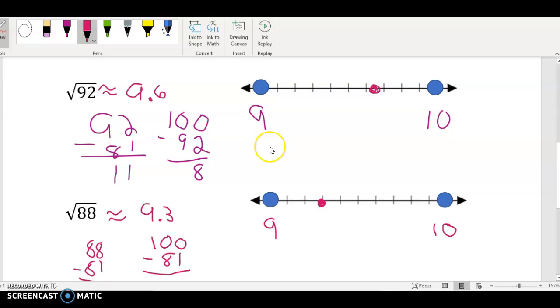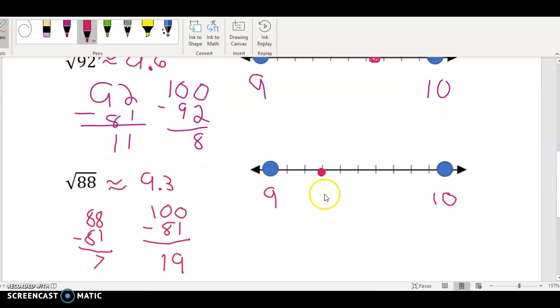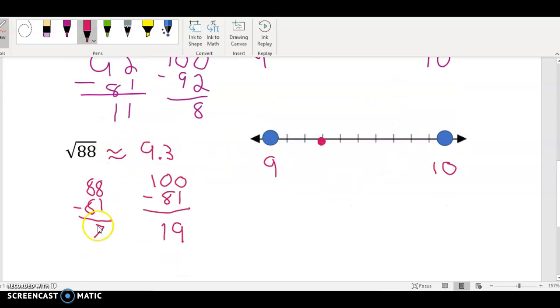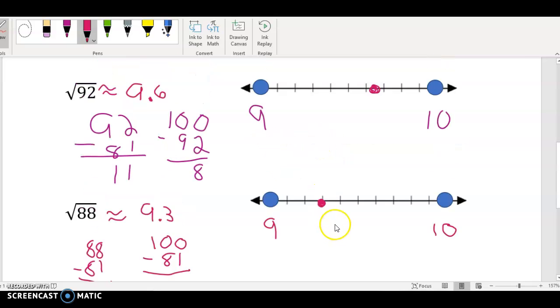But we can see by doing our calculating here on the second step that the square root of 92 is 11 units away from 9, and it's 8 units away from 10, so we know that it's closer over here, closer to the 10. The same thing over here, 88, it's only 7 units away from 9 squared, and this is 19 units away from 10 squared, so we are able to say that, yes, it should be closer to the 9 side on here.